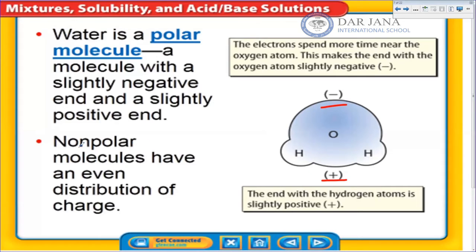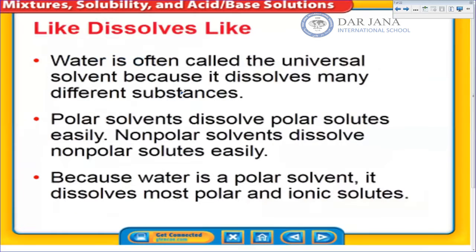Now, a non-polar molecule has an even distribution of charge, while in a polar molecule charges are unevenly distributed. Coming back to the rule that says like dissolves like. As we said before, a polar solvent dissolves a polar solute.